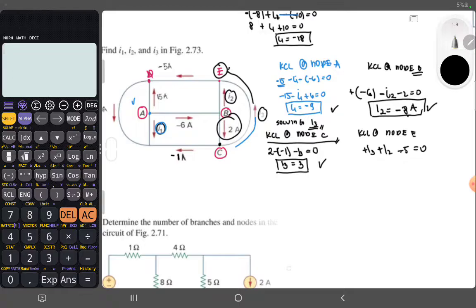Itong negative 5 natin dito is palabas, so therefore, this must be negative multiplied by negative 5. Troubleshooting lang, sorry. So from that, I3, which is positive 3, plus negative 8, plus, so negative multiplied by negative 5 is positive, equals 0. From here, I will have negative 5 plus 5 equals 0, which is 0 equals 0. So therefore, tama yung dalawang current natin.